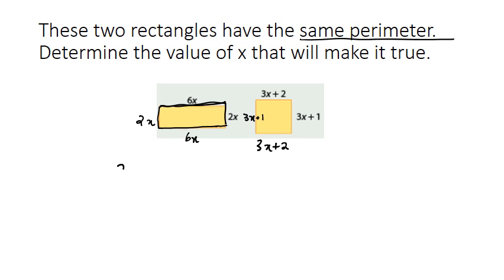So that means that 2x plus 6x plus 2x plus 6x must be equal to 3x plus 2 plus 3x plus 1 plus 3x plus 2 plus 3x plus 1. I'm going to leave it there, and I challenge you to take a look at it on your own and see if you can just solve for x.